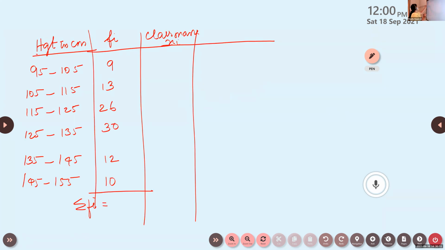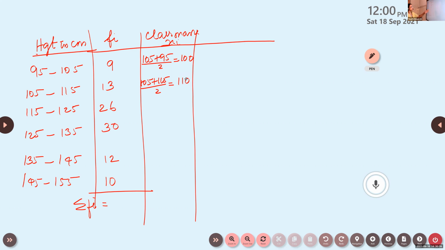So upper limit is 105 plus 95 by 2, so 200 by 2, it is 100. Again, the next one is 105 plus 115 by 2, so 220 by 2, which is 110. Once we calculate the first, the interval difference is 10.